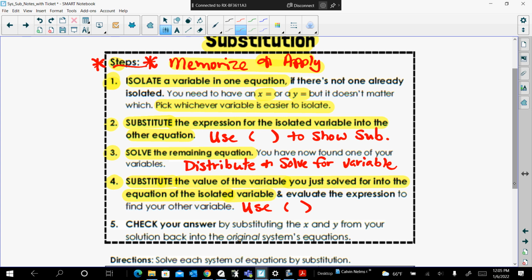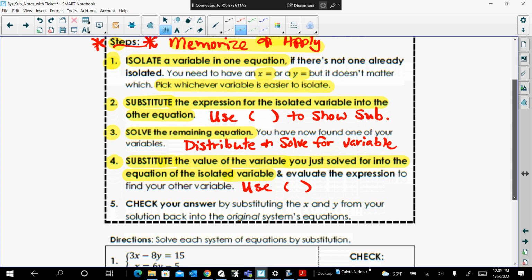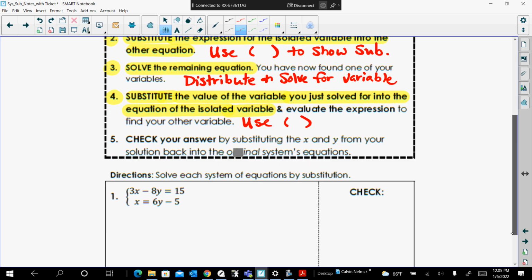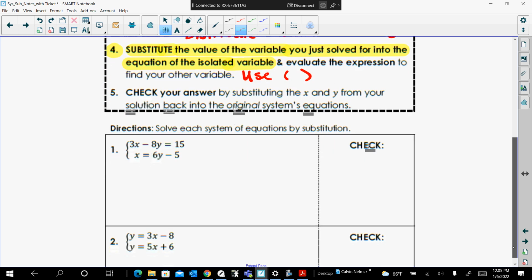All right, so we're going to practice. And I'll just state the step, or I'll have you state it. Look at the example on number 1. And what was step 1 again? Okay, so yes, thank you. So look at the 2 equations.